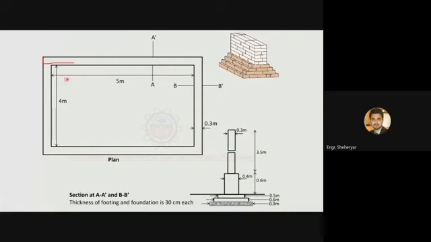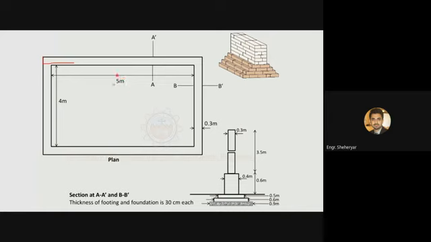Okay, so the interior dimension of this room is 5 meter, and the thickness of the wall is 0.3 meters. So this is the plan view of the building room at this level. So what will be the center to center distance between these two walls?